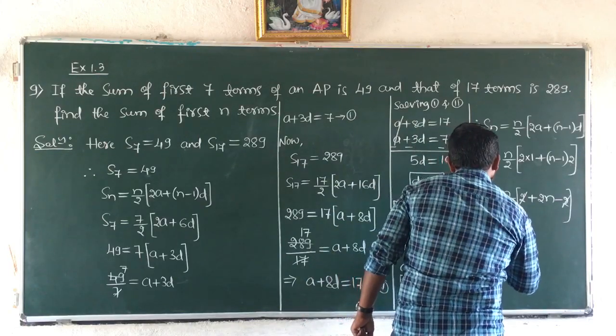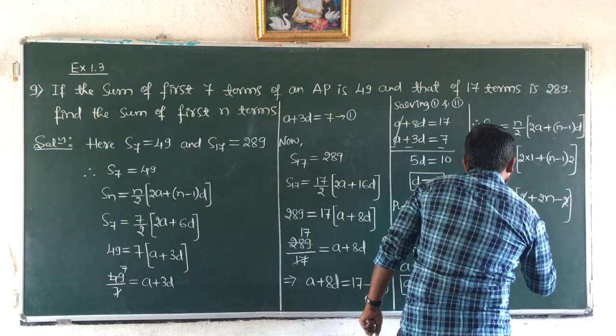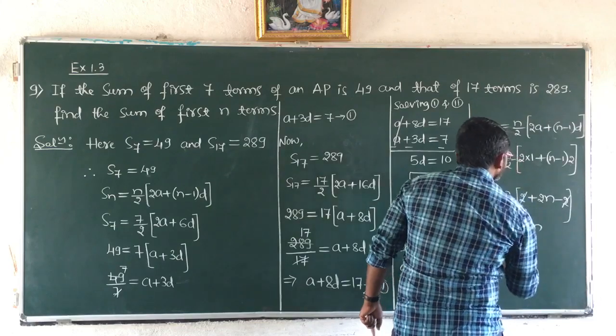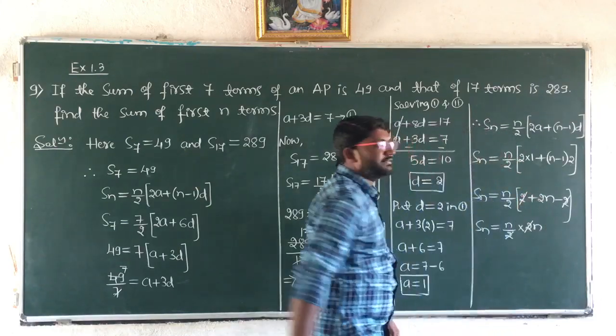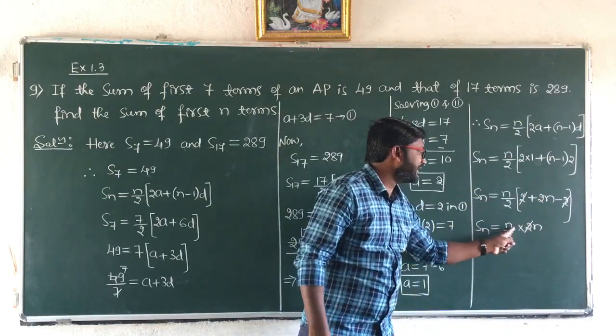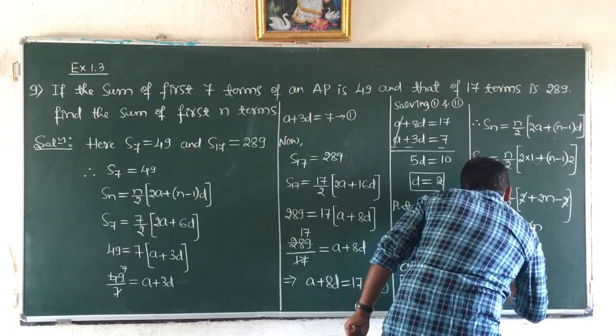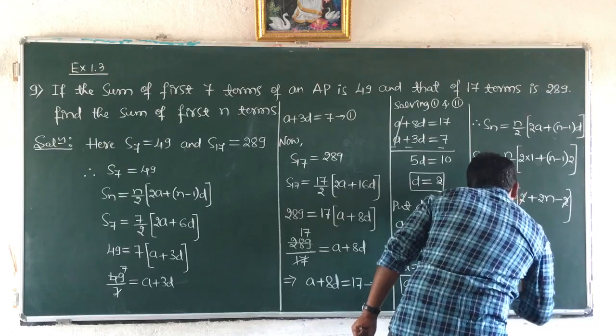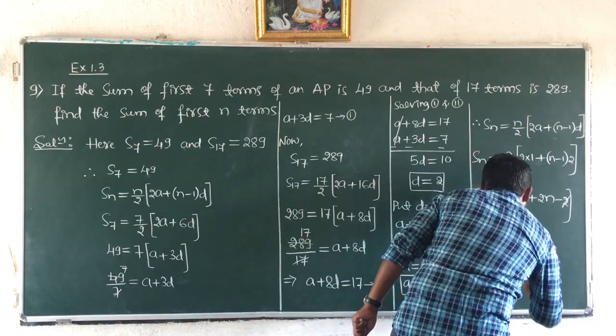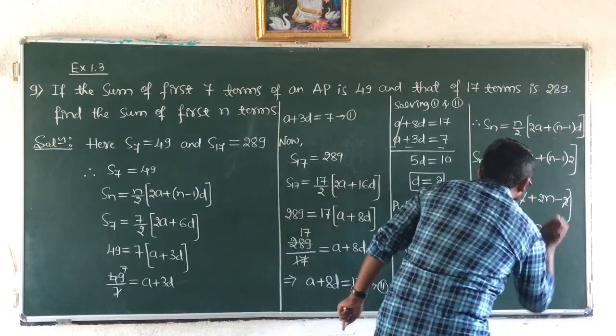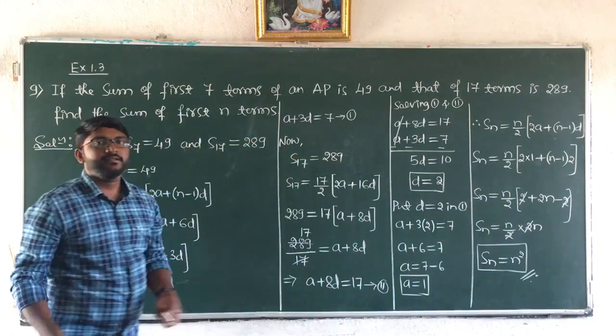S_n is equal to n by 2 into 2n. So again 2 and 2 get cancelled. So we have n and n. n into n is n square. S_n is equal to n square. So this is the sum of first n terms of this particular problem.